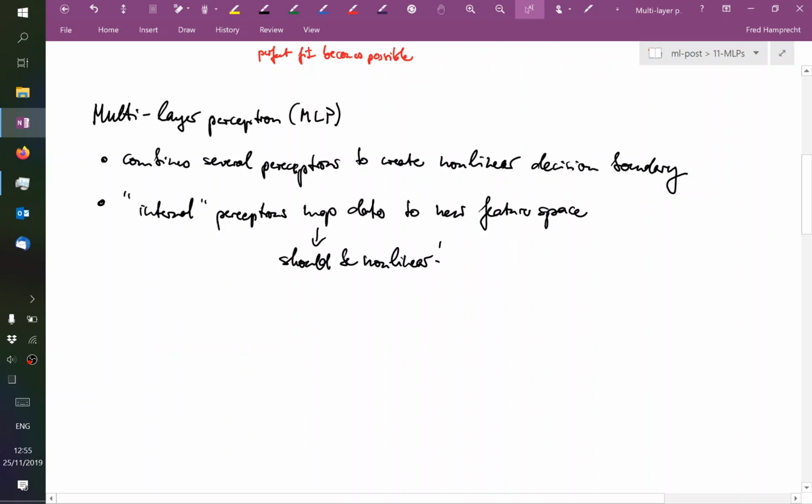I've made this kind of sketch above. Nowadays, these sketches in deep neural networks are obsolete because we would have to draw millions of these.